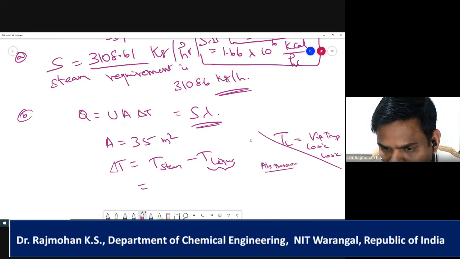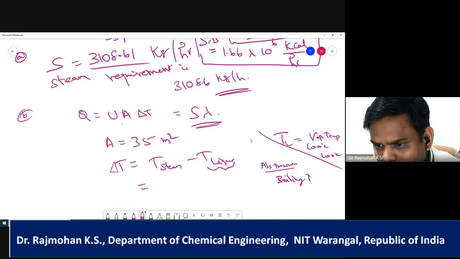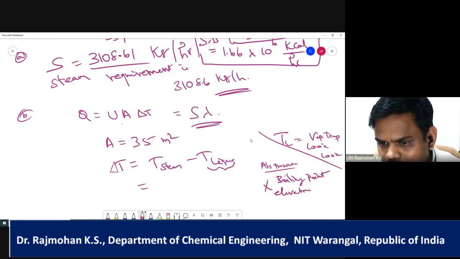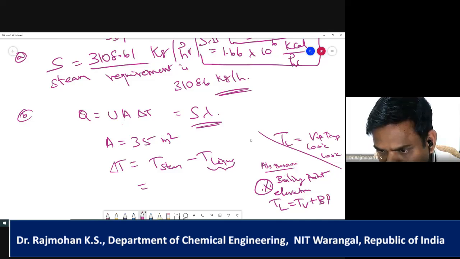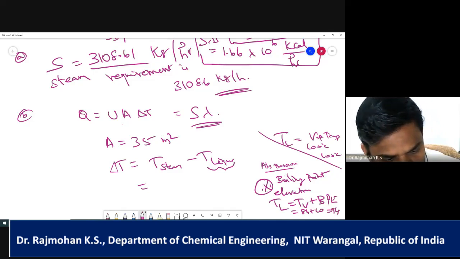We have a particular absolute pressure and we have considered boiling point elevation. So when there is boiling point elevation, temperature of the liquid equals temperature of the vapor plus boiling point elevation. So we have 84 plus 10, 94, right? So that is the value.